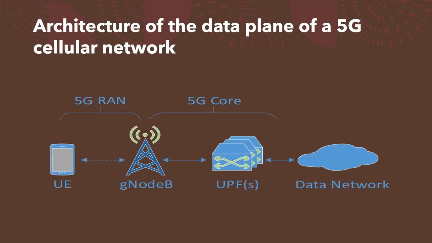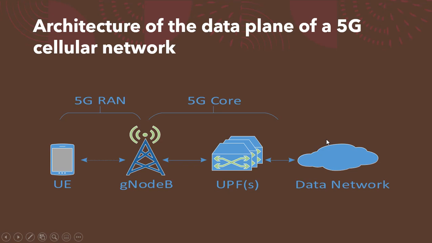Here we have the architecture of the data plane of a 5G cellular network. The figure shows us the RAN is composed of cells under the control of a single base station. 5G base stations are called gNodeBs, and they represent an evolution of 4G base stations, which are called eNodeBs. UEs are attached to a base station, as you can see in the picture, and can change the serving base station through a handover procedure.